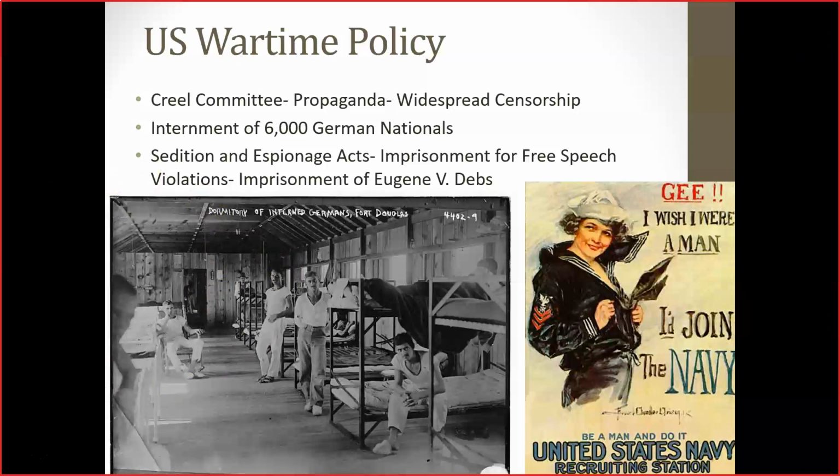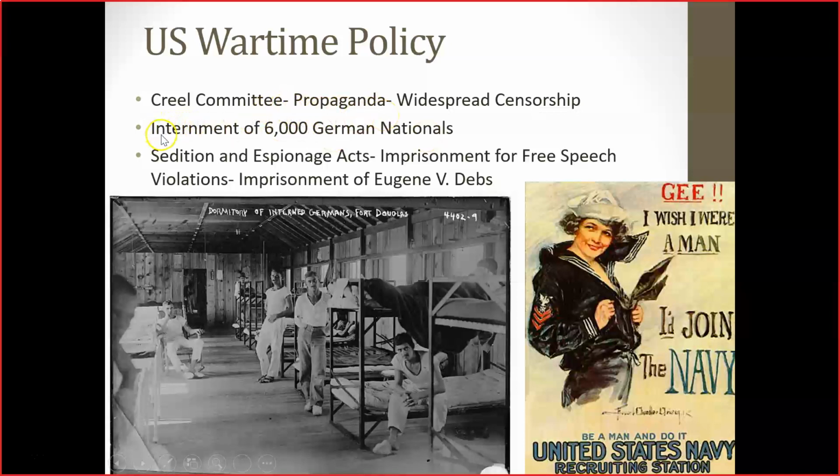First of all, should the United States during wartime be censoring publications? Should they be censoring publications and journals and newspapers? Should the United States be promoting the war with propaganda?